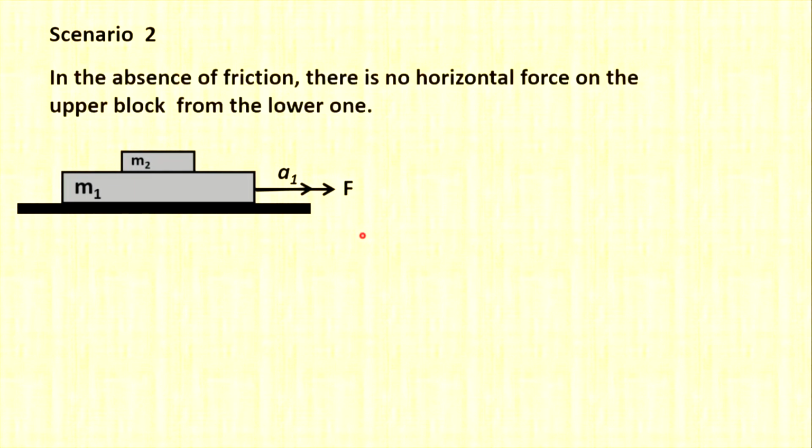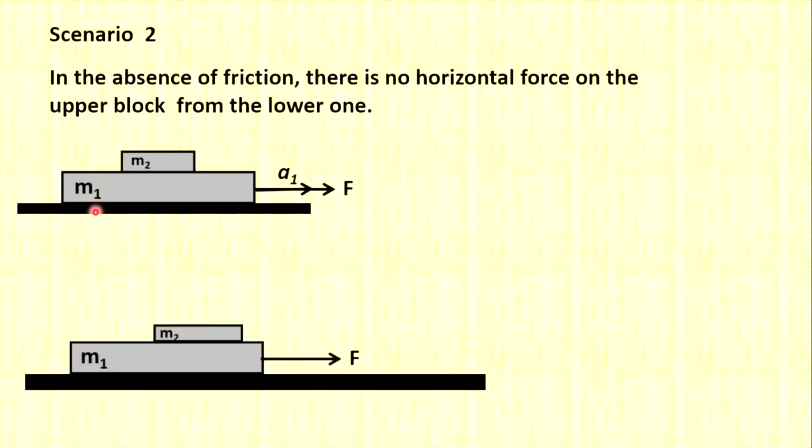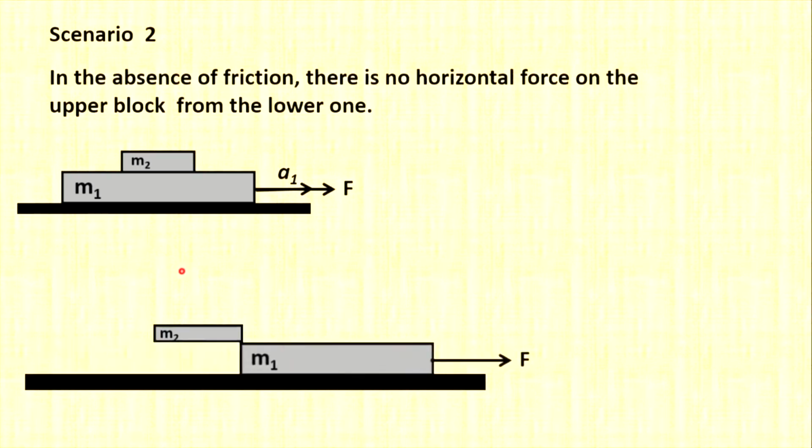Actually, in the absence of friction, there is no horizontal force on the upper block from the lower one, and for this reason, this block remains at its initial position with velocity equal to 0 during the entire motion of the block M1. Let's illustrate this motion on this diagram. First, block M1 moves with acceleration to the right, and the upper block falls down later.